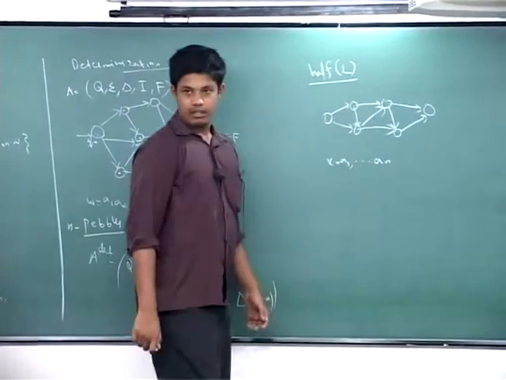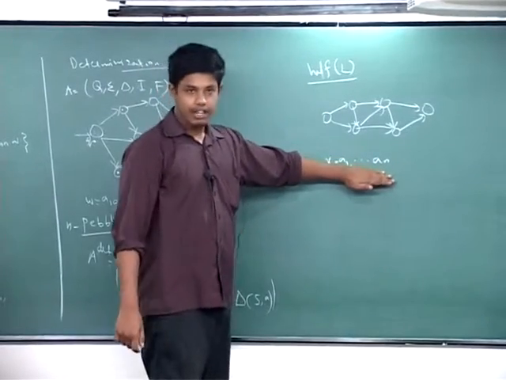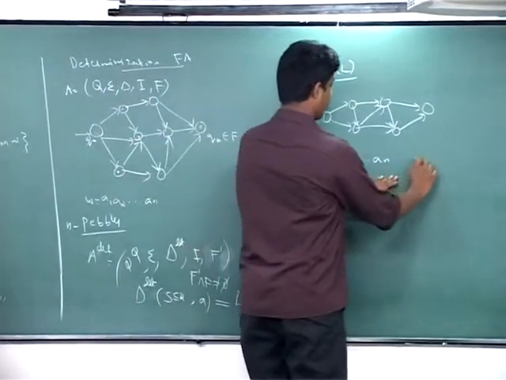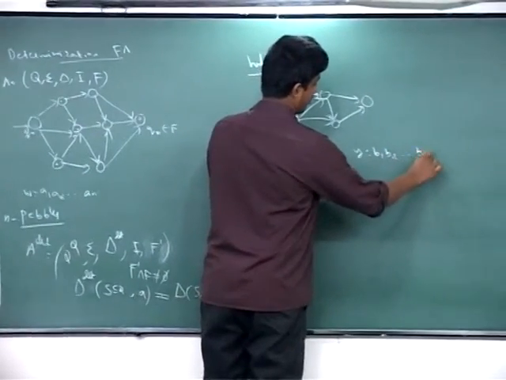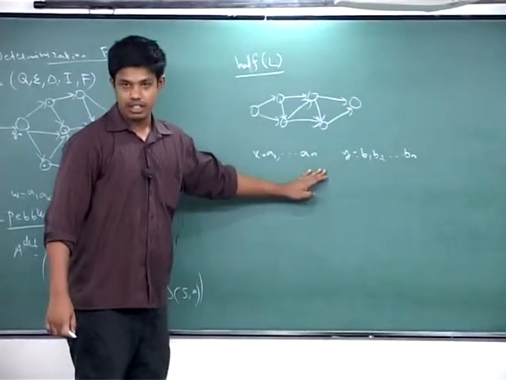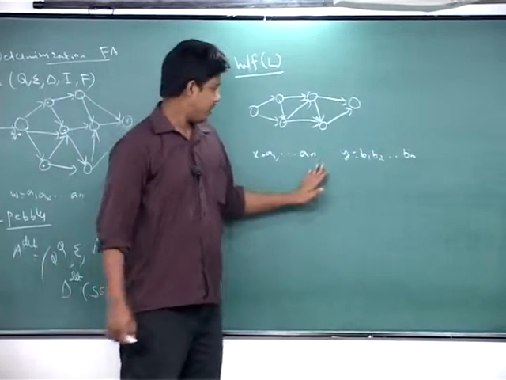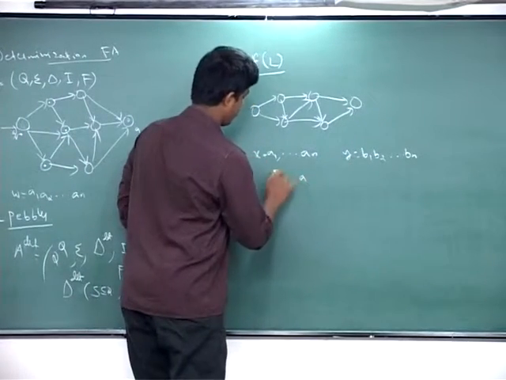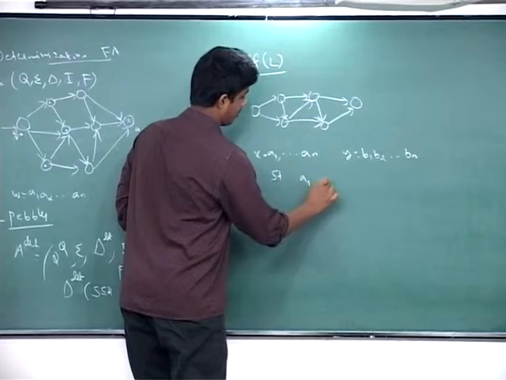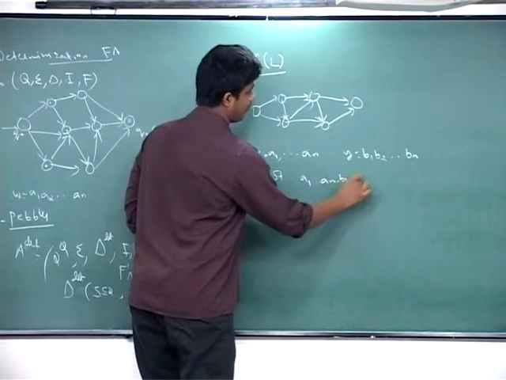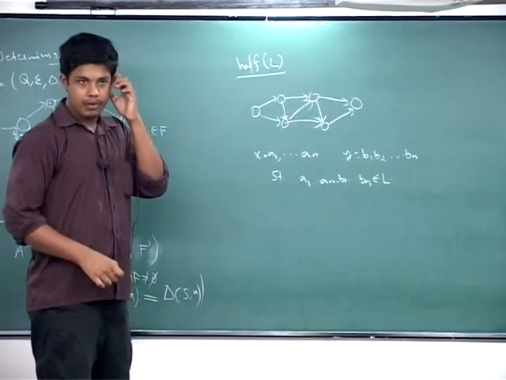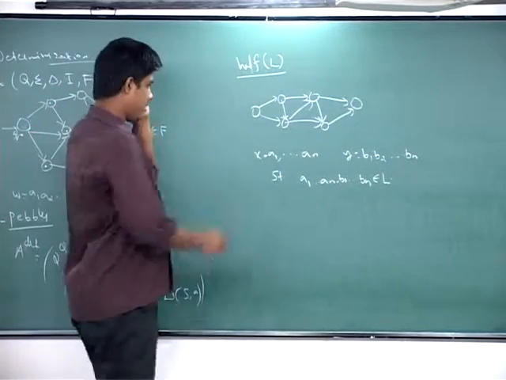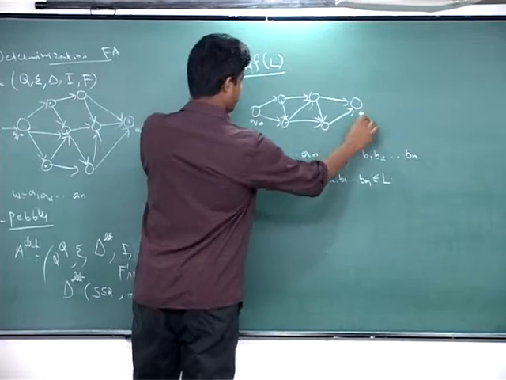I need to accept this word if there is some string Y, B1, B2 up to Bn, such that X dot Y, that is A1 to An followed by B1 to Bn, is in L. So this is Q0, this is QF.